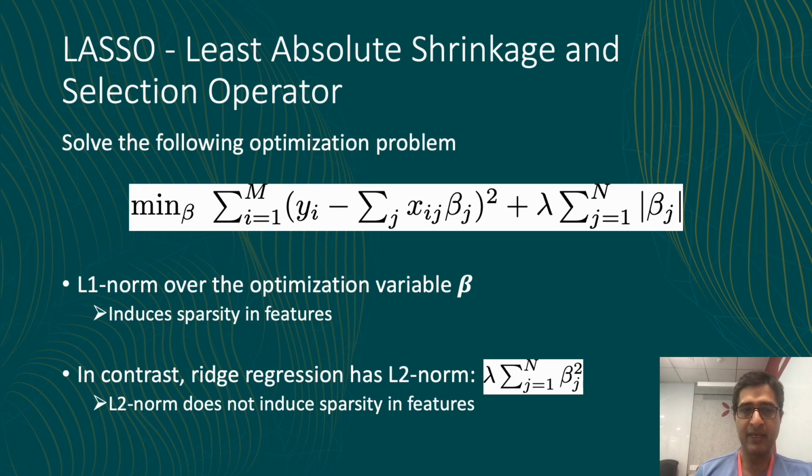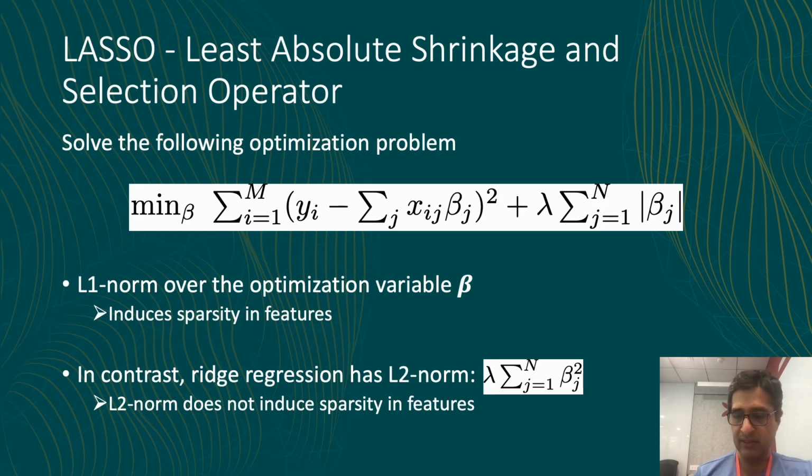While the L1 norm induces sparsity in features, forcing as many betas down to 0 as it can, the ridge regression doesn't do that. It tries to reduce the size of betas as much as possible, but it doesn't drive them down to 0.